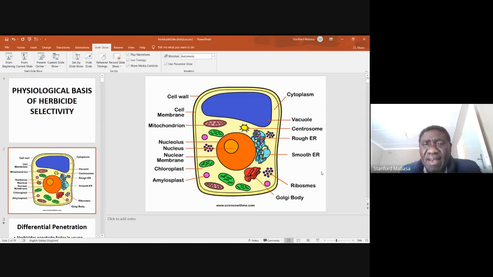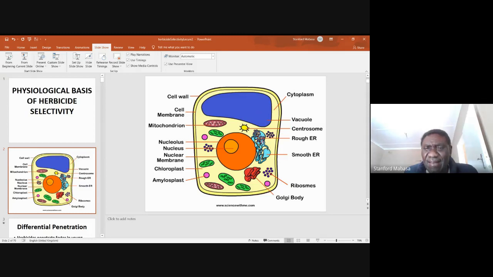So I have displayed a cell where most of these activities are going to take place. If an herbicide enters the plant system, it may end up in the vacuole and be stored there after being changed into various products.